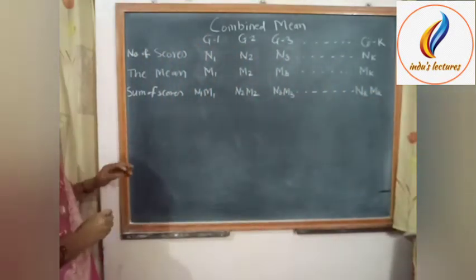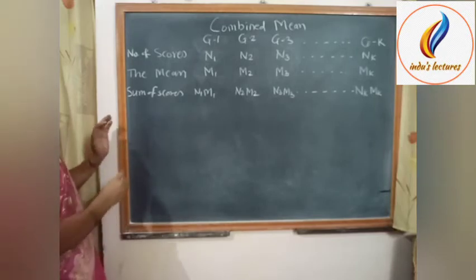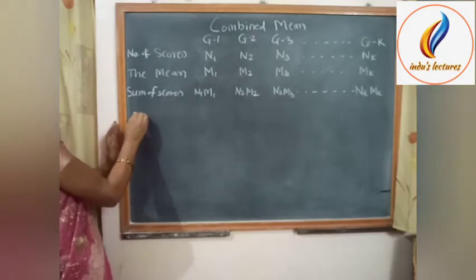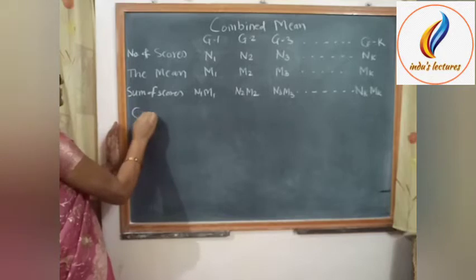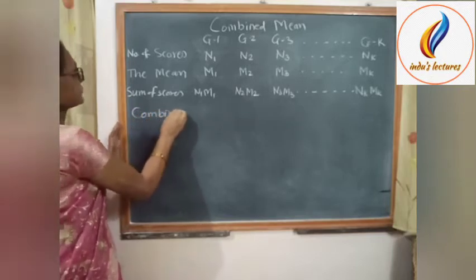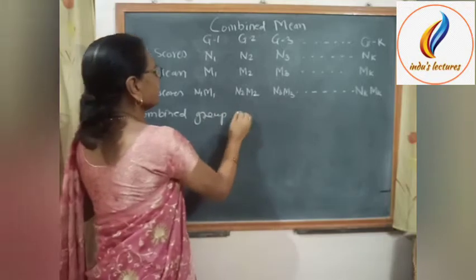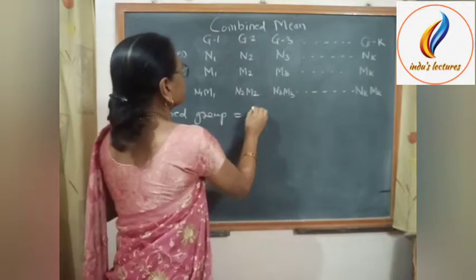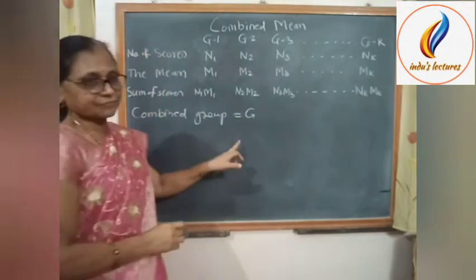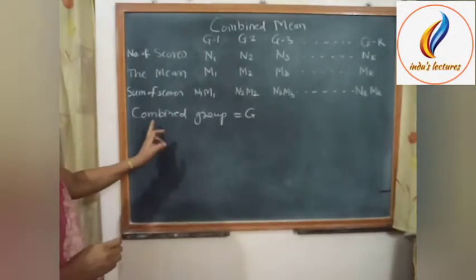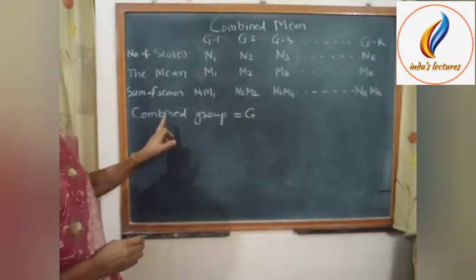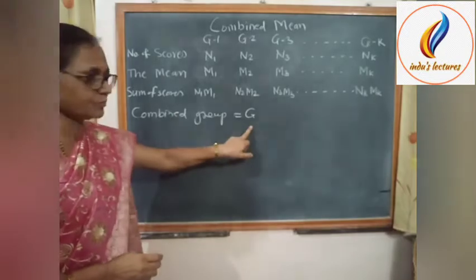Now suppose the combined group is equal to capital G, and we have to find the mean of this combined group.